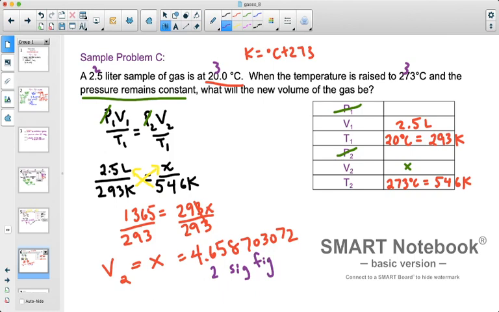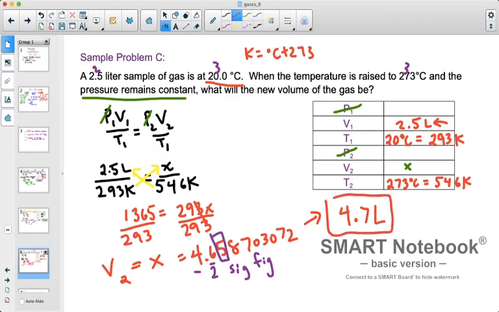So I'm going to count from the left, 1, 2 spaces, and the next digit right after I count, that's my helper number. That helper number is very, very large, so I have to round up. So I end up getting an answer of 4.7, and the units for this case happen to be liters. So my answer ends up being 4.7 liters.